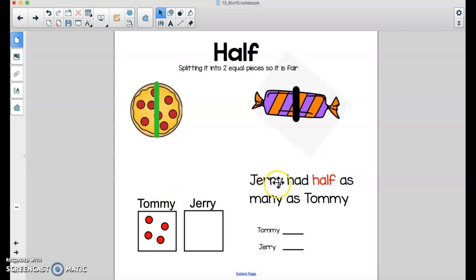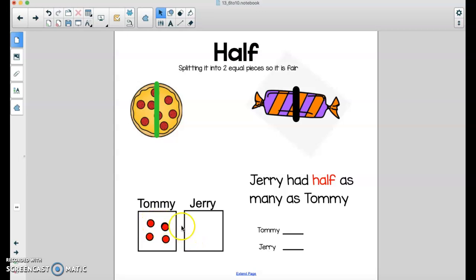So here's a problem I have. Jerry had half as many as Tommy. Well, this is how many Tommy has. Tommy has 1, 2, 3, 4. So Tommy has 4, but Jerry has half as many as Tommy. So unfortunately, Jerry has less. But how many less does he have?